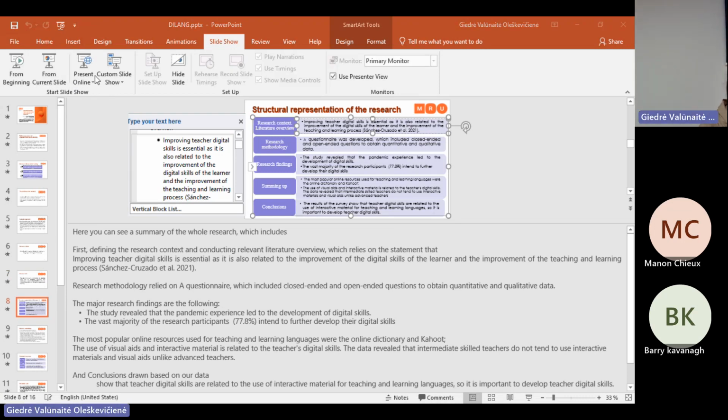This is our structural representation of the research. So we looked at the context and literature that I quoted at the beginning. Then our methodology was a questionnaire developed with the partner universities and internationally discussed.